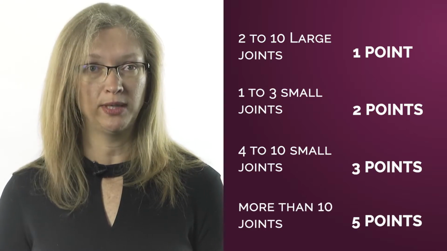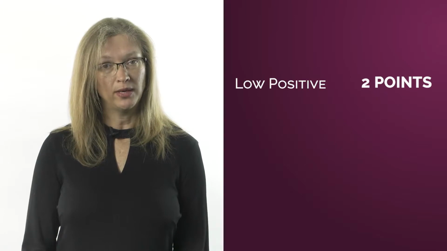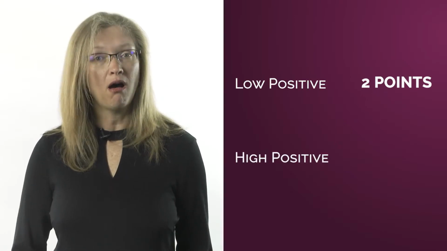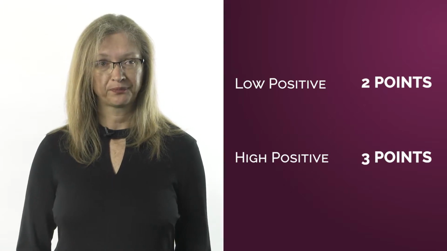The blood tests that are used are the rheumatoid factor and anti-cyclic citrullinated peptide, or anti-CCP, antibodies. If it's just positive or low positive, you get 2 points. If it's very high or high positive, you are allocated 3 points.